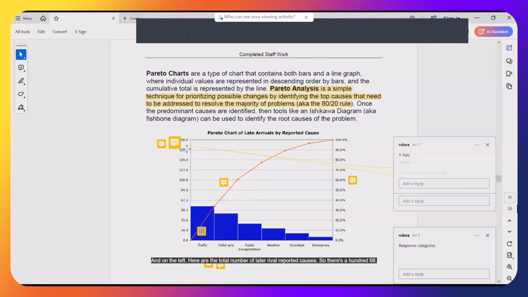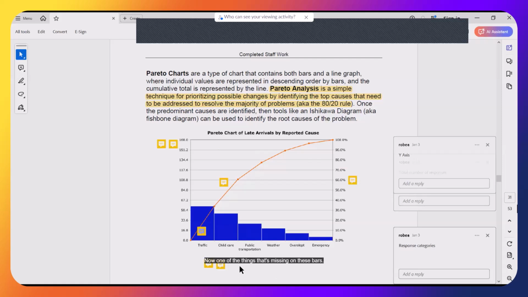And on the left here are the total number of late arrival reported causes. So there's 168 excuses why people were late. And then down here are the definitions for each of these bars.